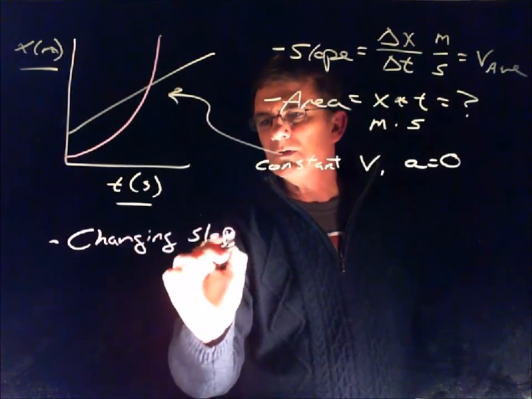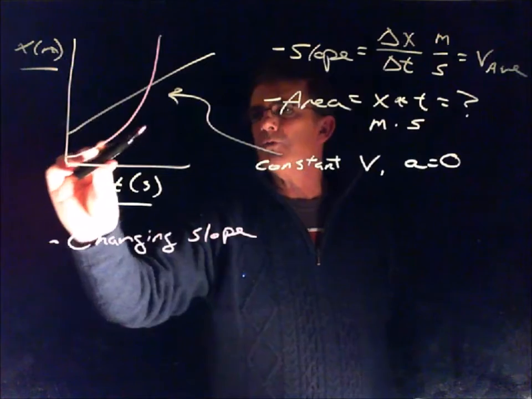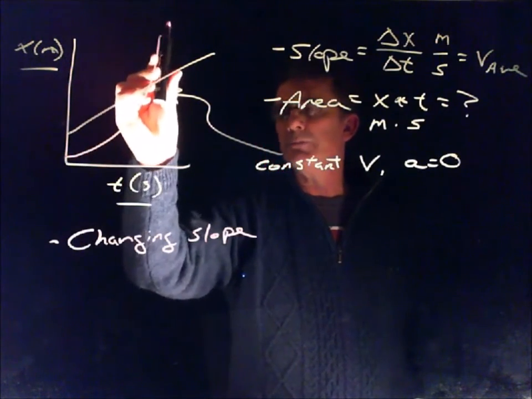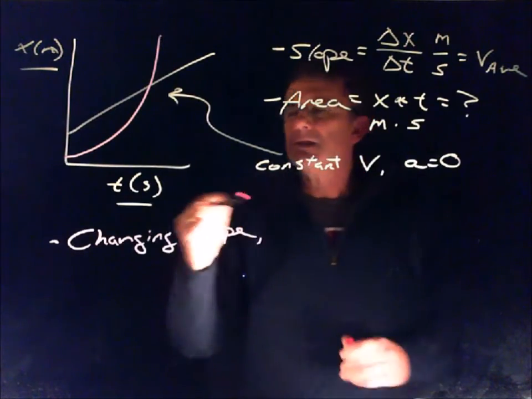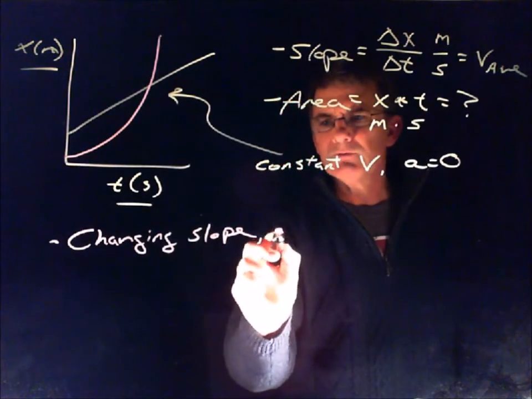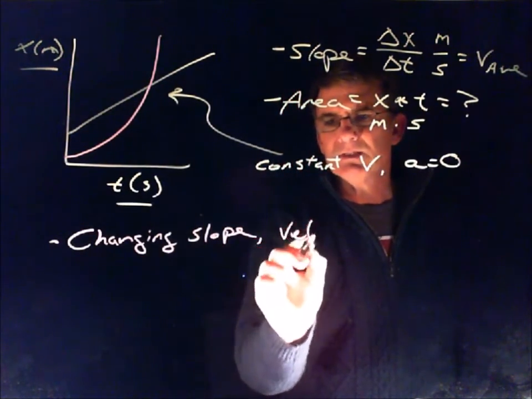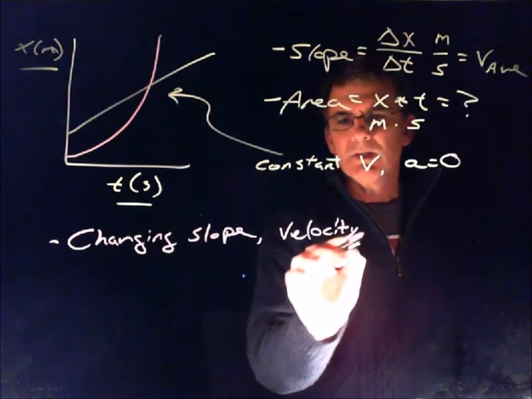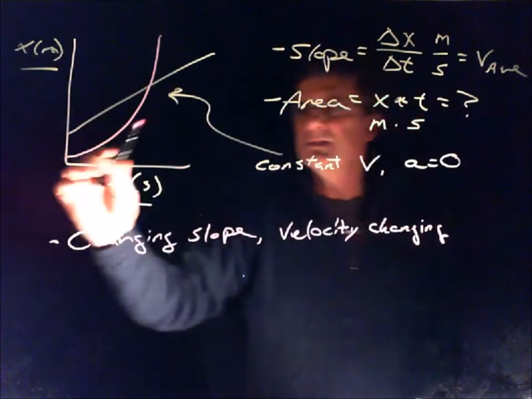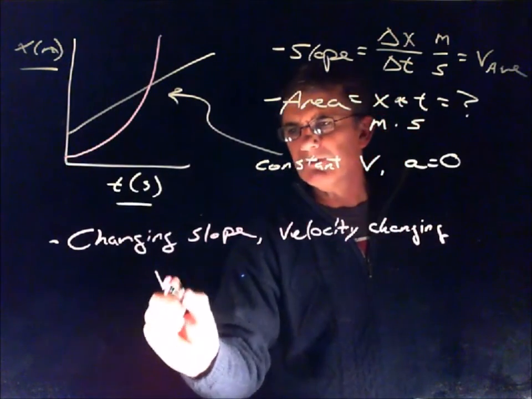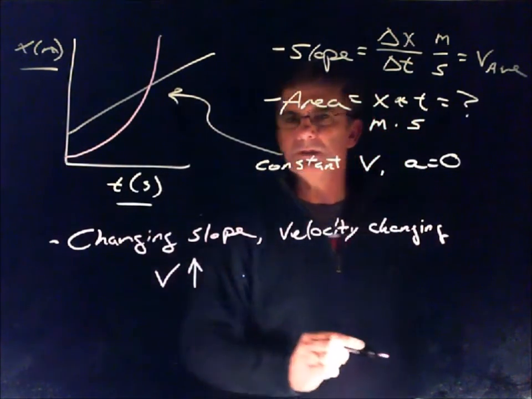As we go along with time, the slope is gradually getting steeper. And so, because it's a changing slope, what this tells me is my velocity is changing. And since the slope is becoming steeper and steeper, this tells me that velocity is increasing.